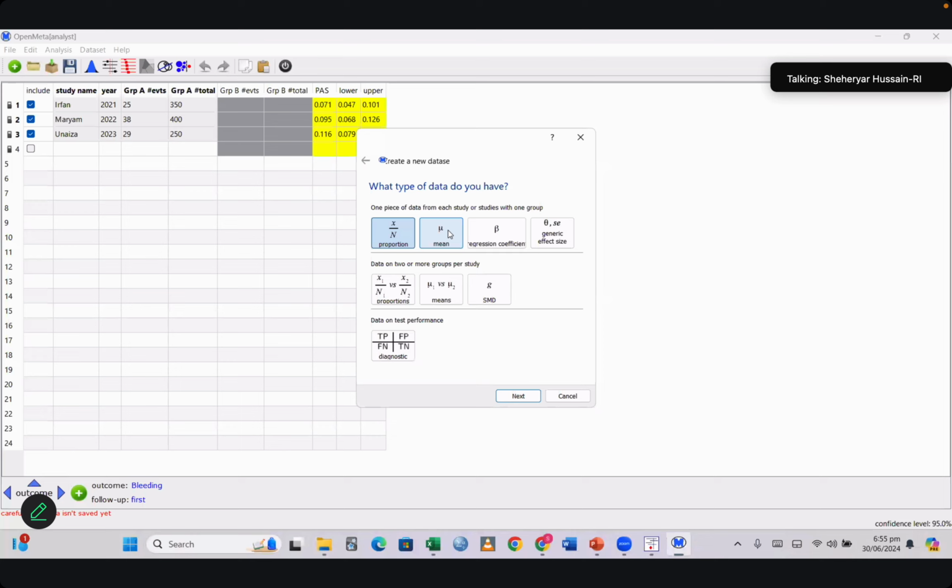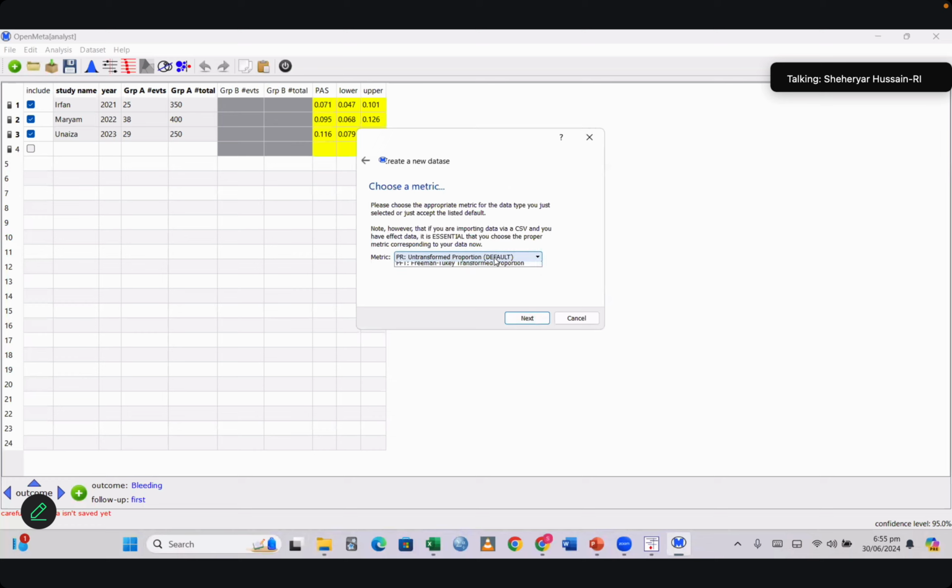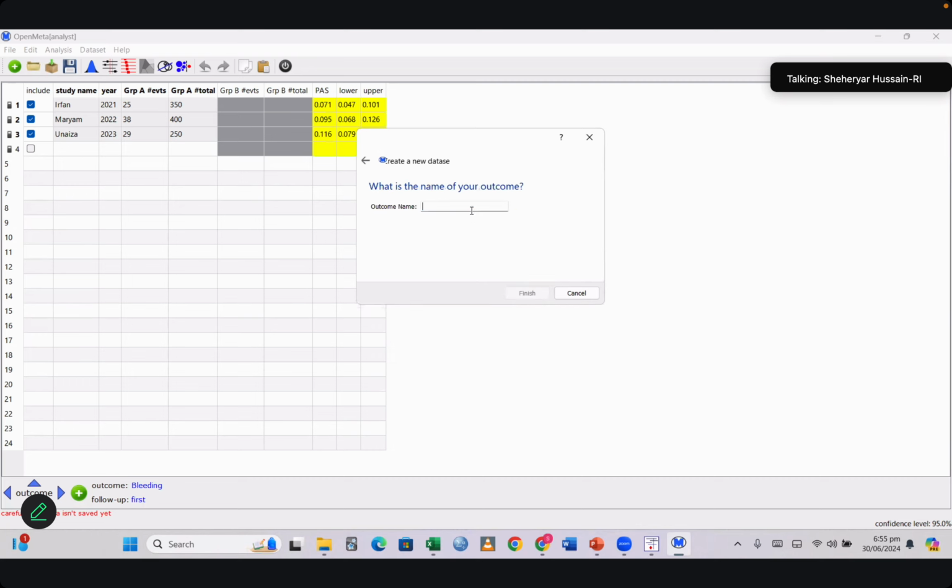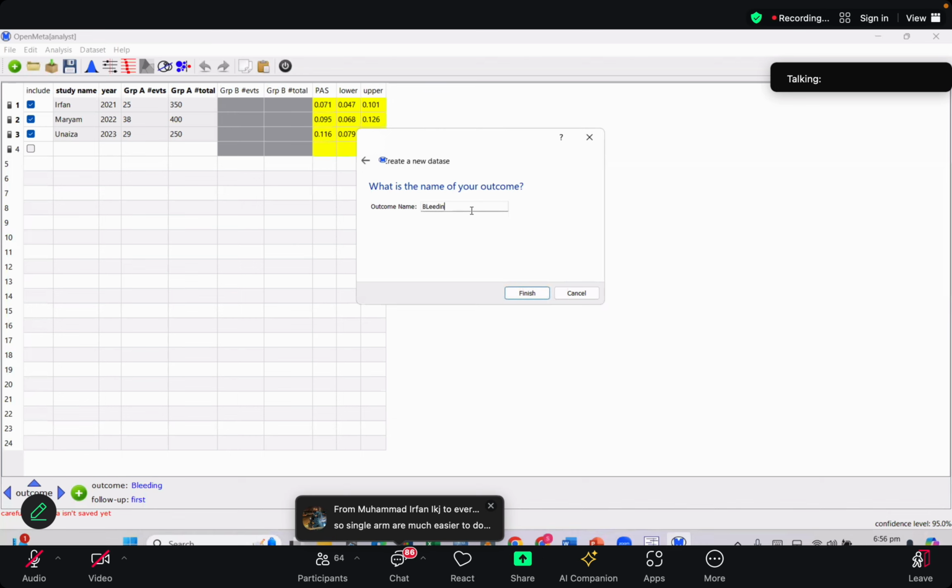For a continuous outcome, I'm going to use mean. I'm going to click next. This will always be set at PAS, the arcsine transform proportion. Then I'll click next. Our outcome name is bleeding after thyroid surgery.